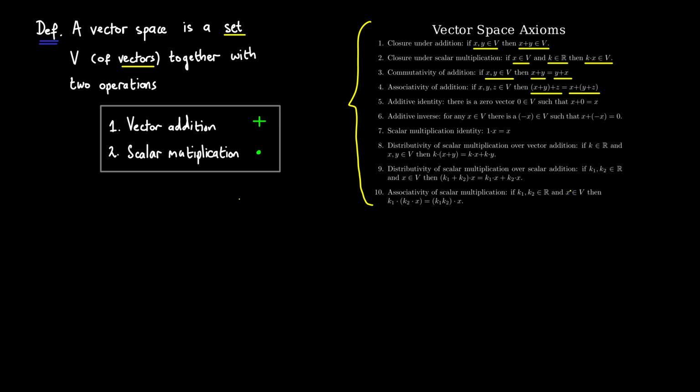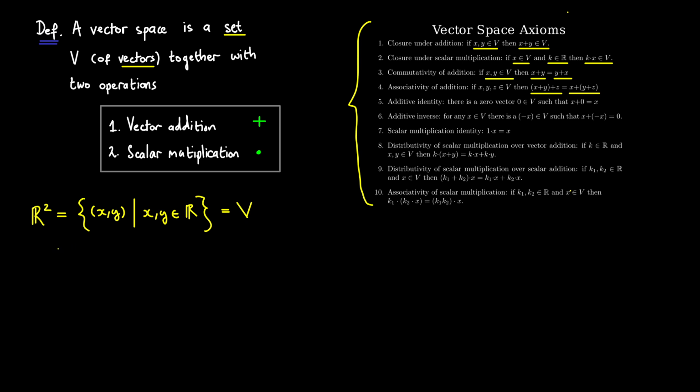So let's take a look at a very simple example, which we've already seen, which is R2. This is really the most familiar of all vector spaces, all two-dimensional vectors. According to what we've seen already, this is the set of all pairs of numbers where the first and second components are just real numbers. This is really the set of vectors we're dealing with here. Now, what is the addition on the set?